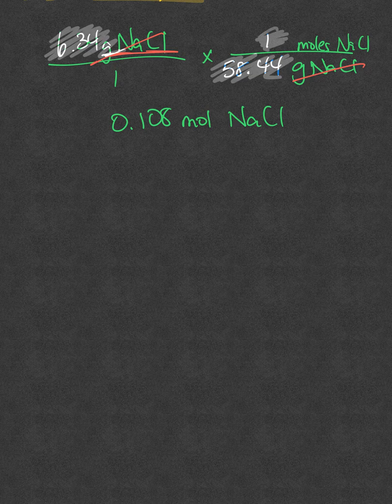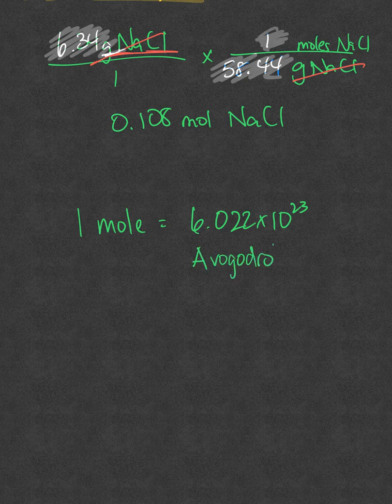Now recall that 1 mole of a substance is equal to 6.022 times 10 to the 23rd of that substance, and this number is often called Avogadro's number.